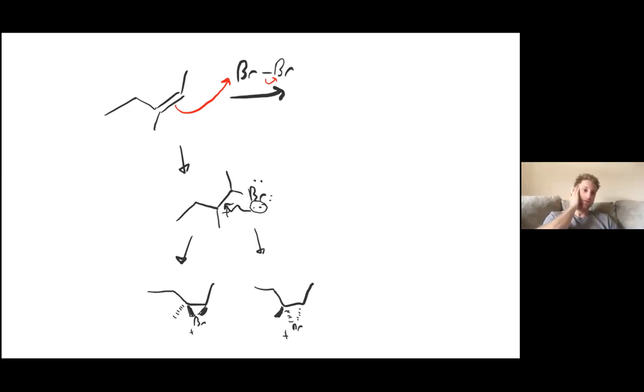From here, when we add in our other Br, it's going to attack at the more substituted center, and it's going to do an SN2. So when this comes in and attacks here, it's going to flip the stereochemistry of that position.